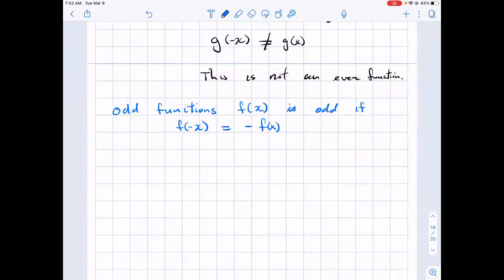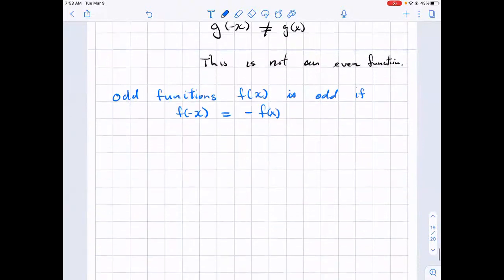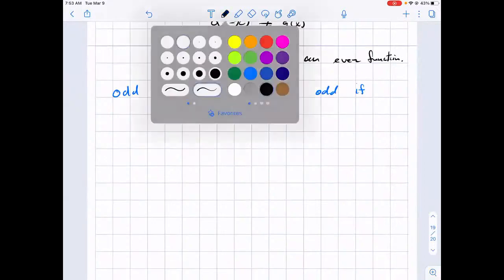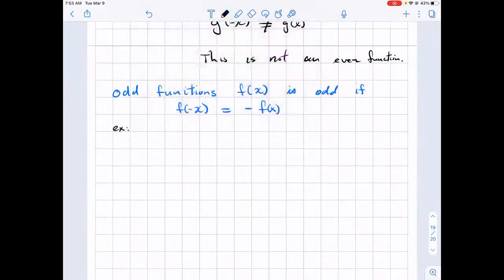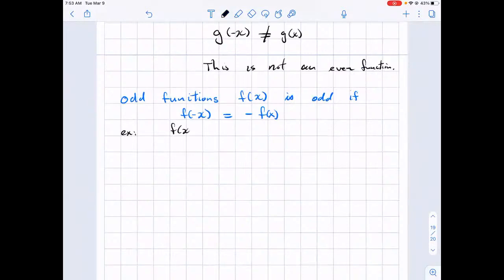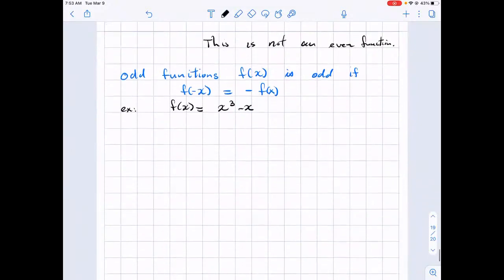So that's what we have to look for. Now, let's look at examples. Example, f of x is equal to x cubed minus x. So find f of minus x.